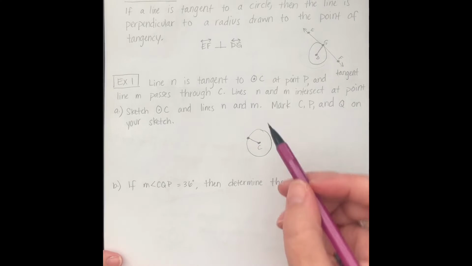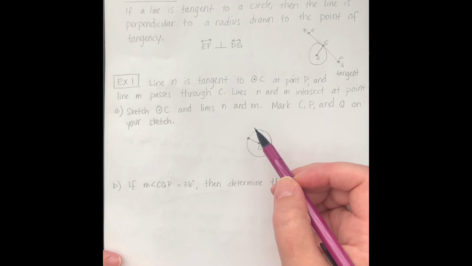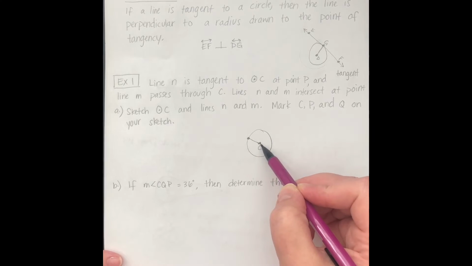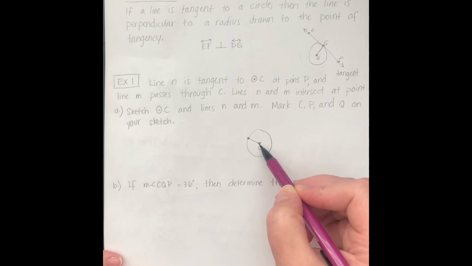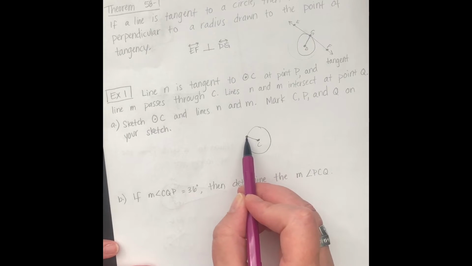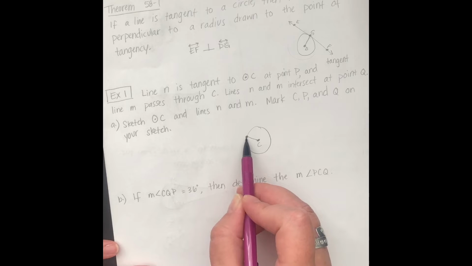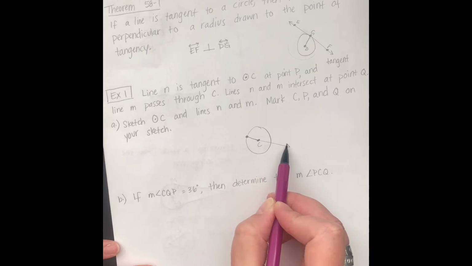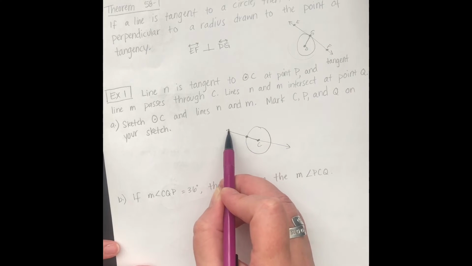You know what? I'm going to wait a second. It says line M passes through C. This line right here passes through C. So let's draw line M first. We already have the radius to here. Let's draw a line through it, and this is going to be line M.